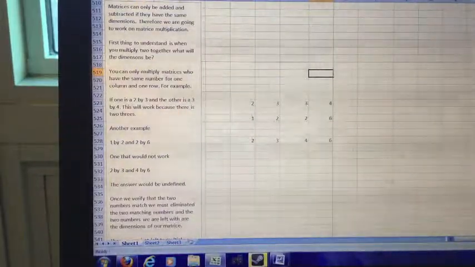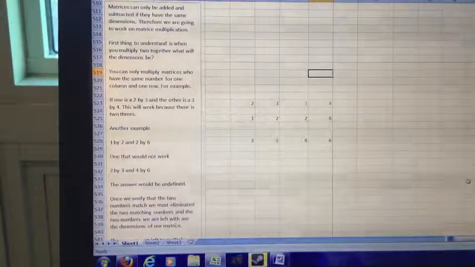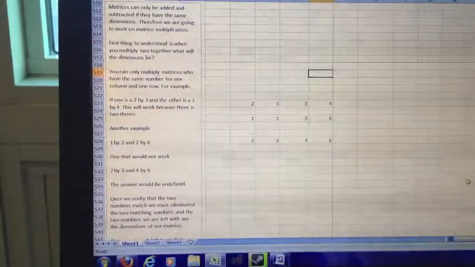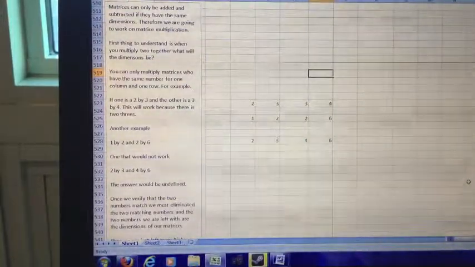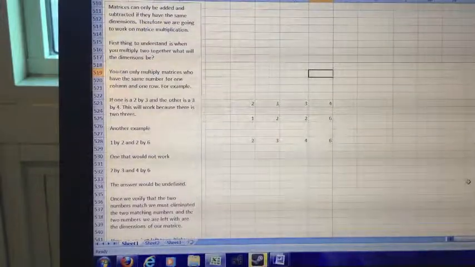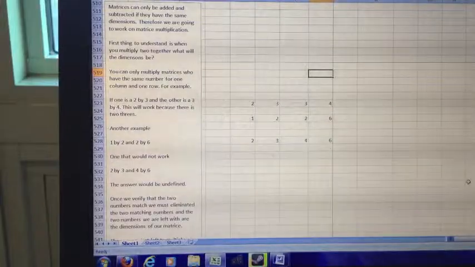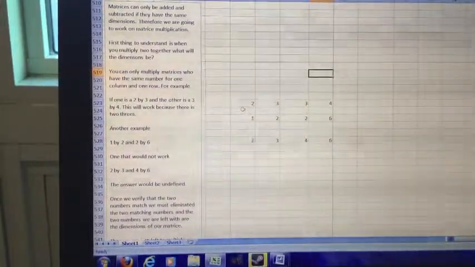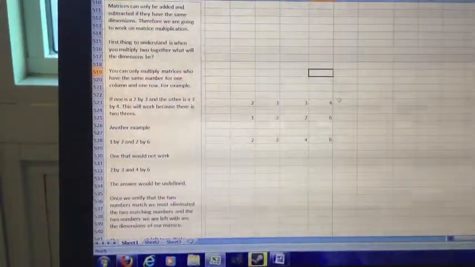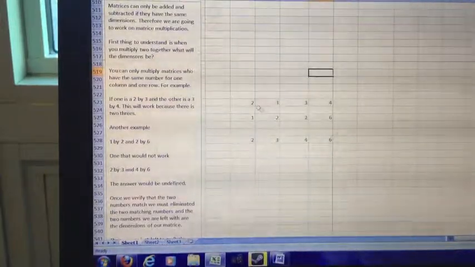So once we figure out that we have the correct matrices, we have to figure out how exactly we would get the dimension of the final matrix. So what we would do is we take the 2 outside numbers and these become the dimensions. So say we have the 2 by 3 matrix and the 3 by 4 matrix.